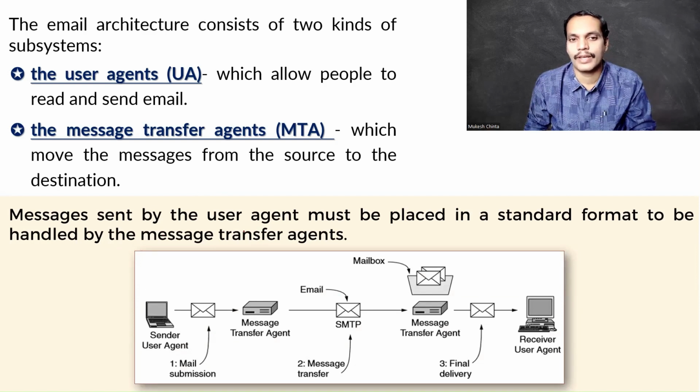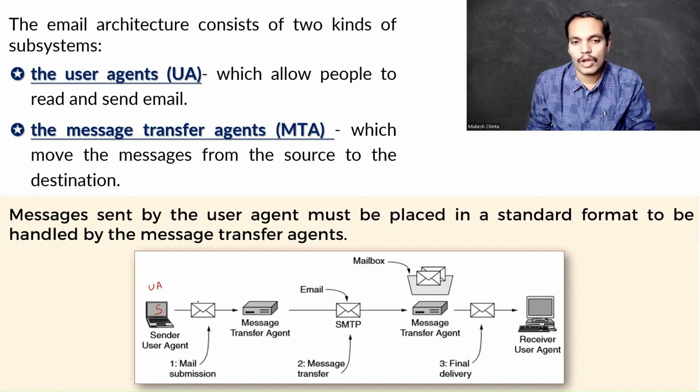So the messages sent by the user agent must be placed in a standard format to be handled by the message transfer agents. Let us see, this is our sender, which prepares a particular email. The user agent, which is situated here, allows the user to compose an email and then transmit it.